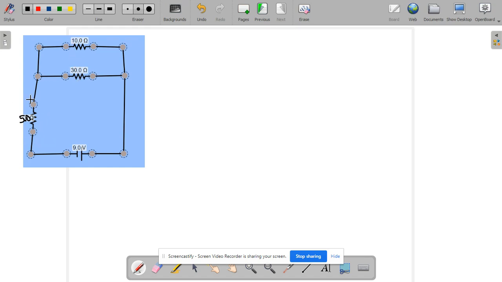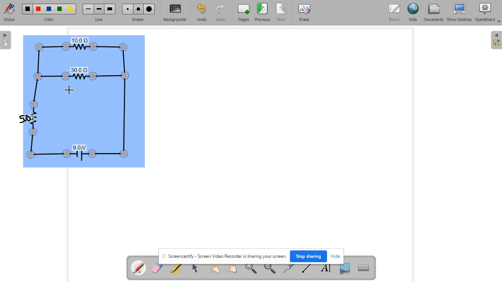So these two are in series with the rest of the circuit. Another way of saying this is all of the current that comes out of this battery is forced to first go through this 5 ohm resistor. Then it goes up to here. Some goes this way, some goes this way.